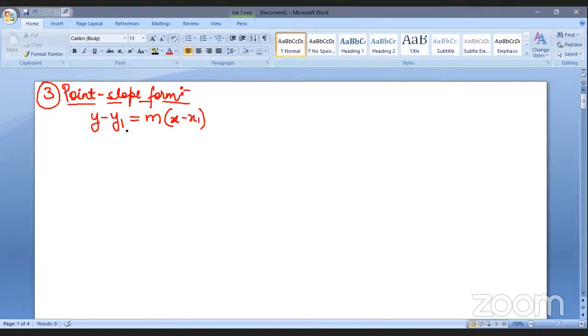Here, from this we can say many things. First of all, x and y are variables, as we have to solve the equations and all, so we keep them as variables.